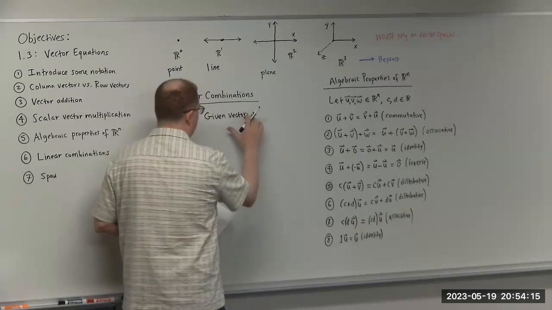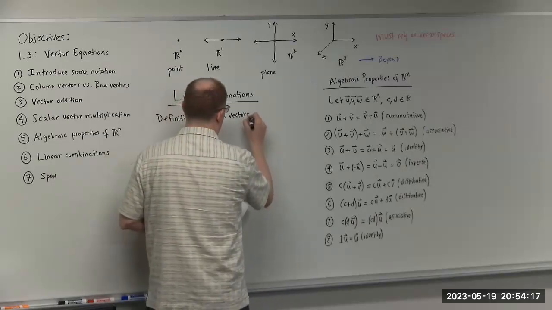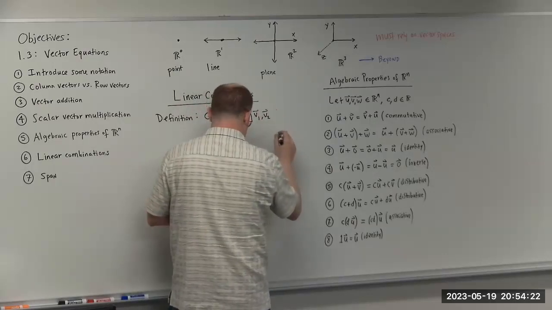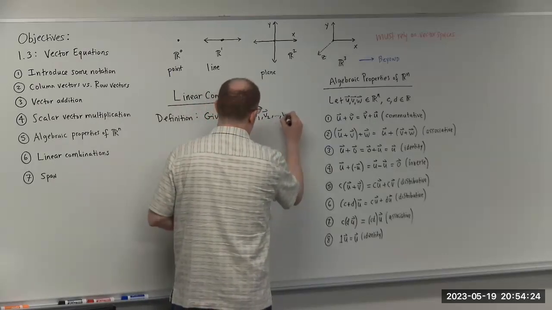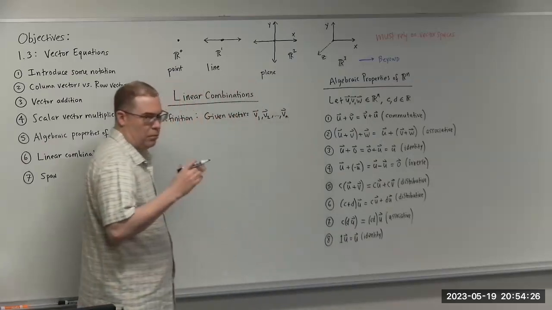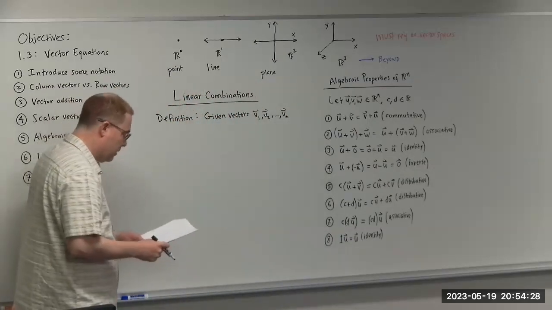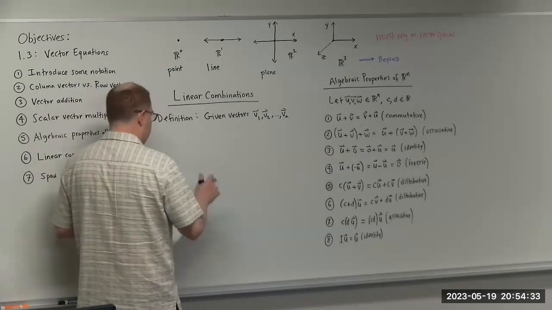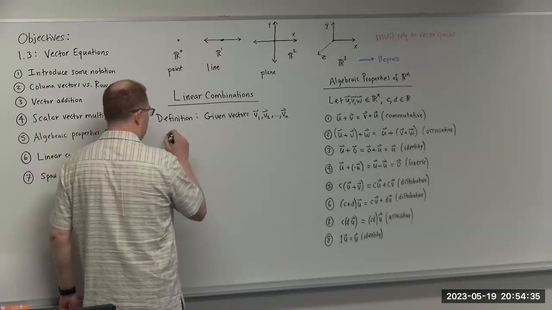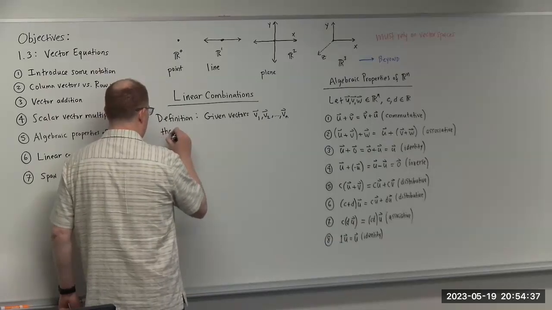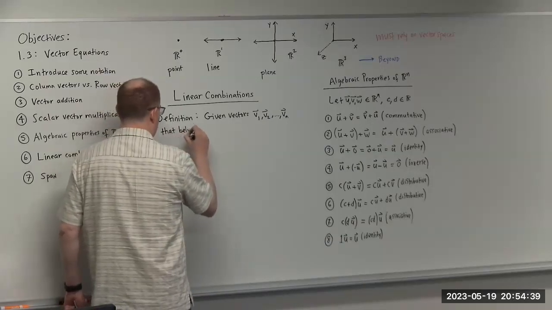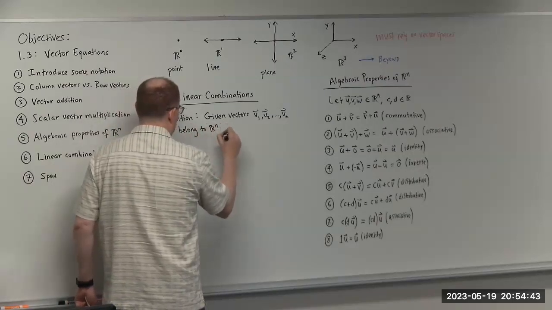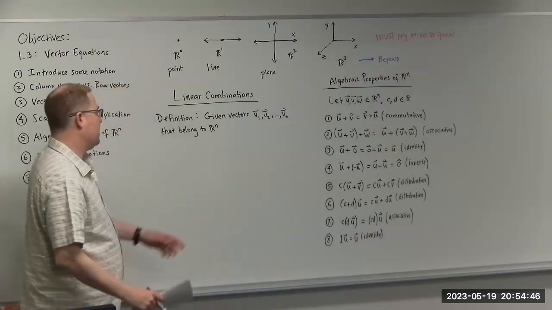Given vectors V1, V2, up to V sub n, we're working with a collection of vectors here, and let's assume that we're working in R^n.